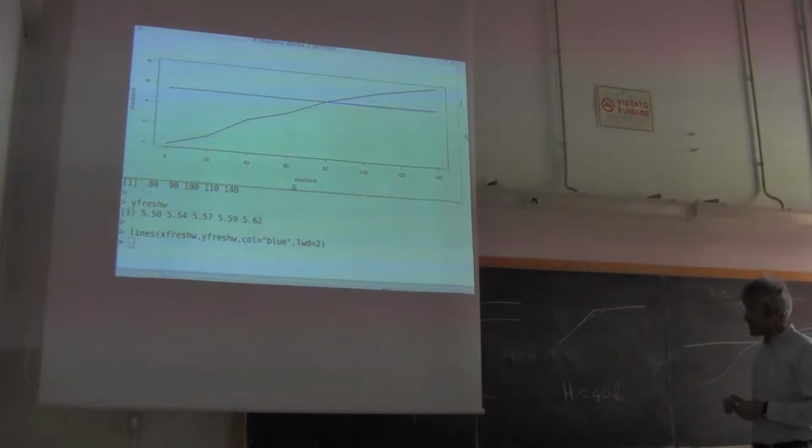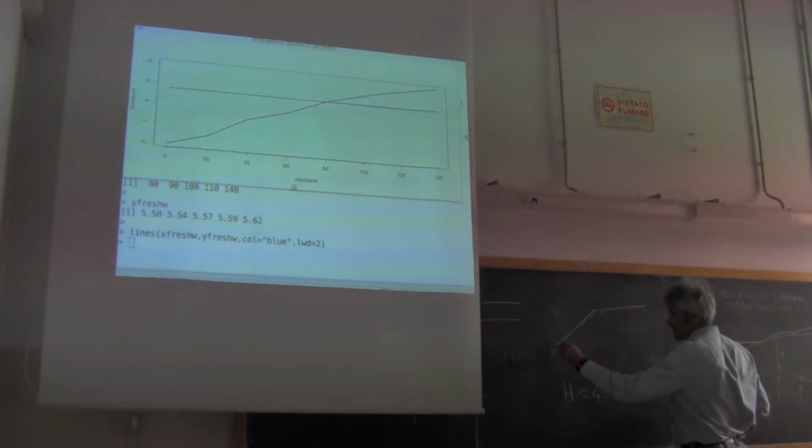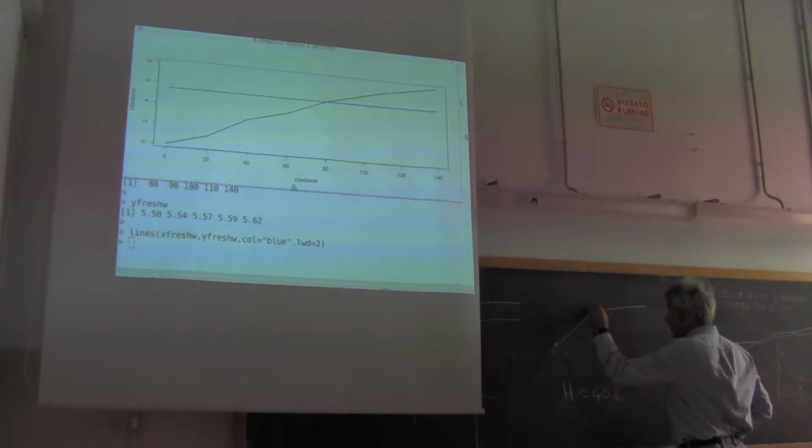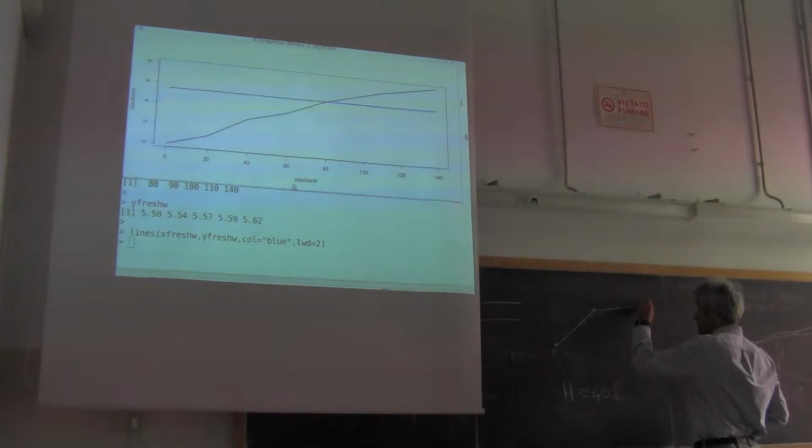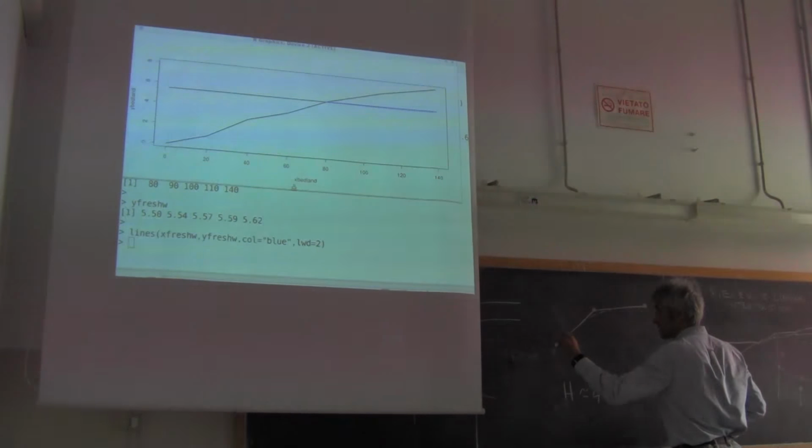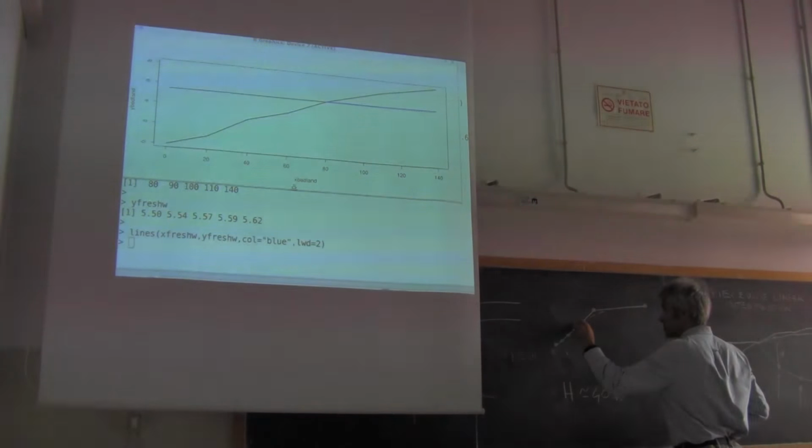The first step is to increase the number of points here. If I have only 3 points originally, let me increase the number of points through linear interpolation.